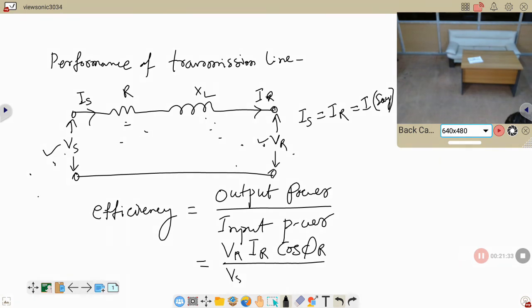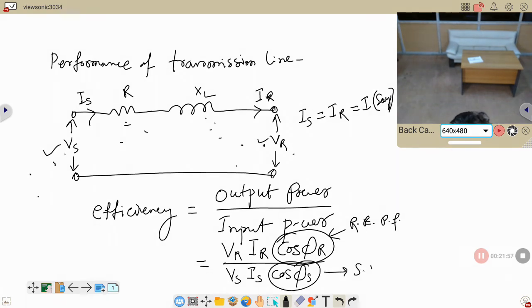Input power means Vs, Is, cos phi s, where cos phi s is the sending end power factor. And if you want the percentage, you multiply by 100.